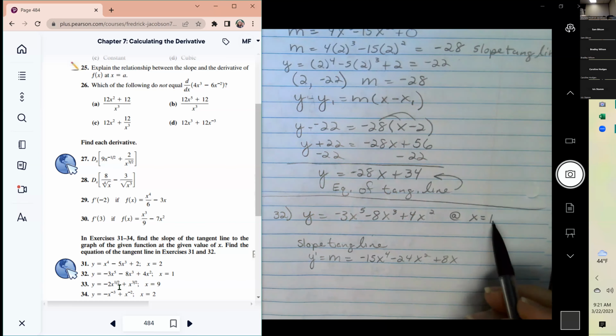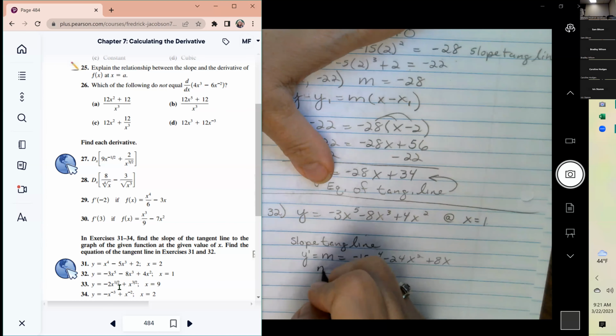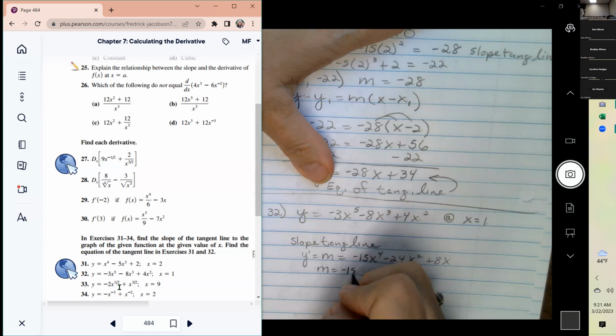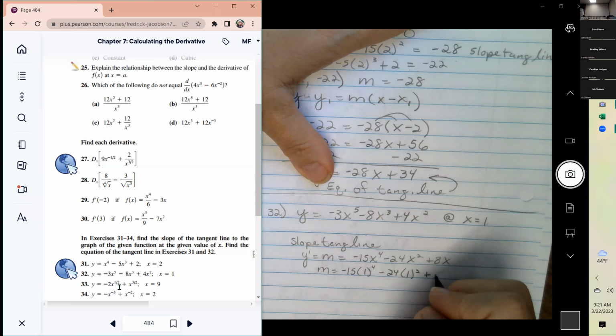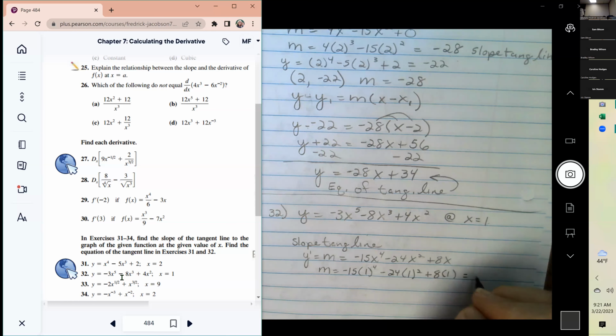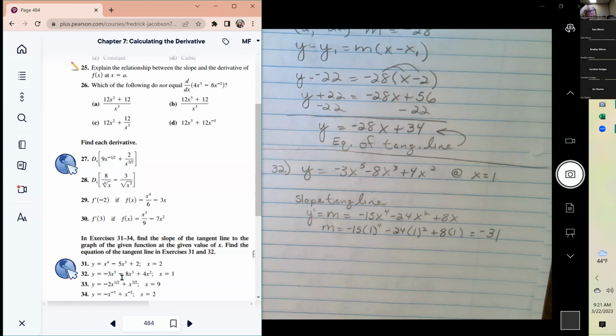And we want it at x equals 1, so plug in your 1. Any questions?